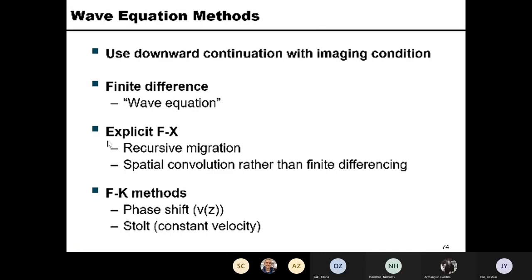And then, if we assume the variation along time is not so strong, we can do the Fourier transform. So we have FX. And then if we assume not only the time axis variation is not strong, but also the spatial axis variation is not that strong, you can transform x to k.